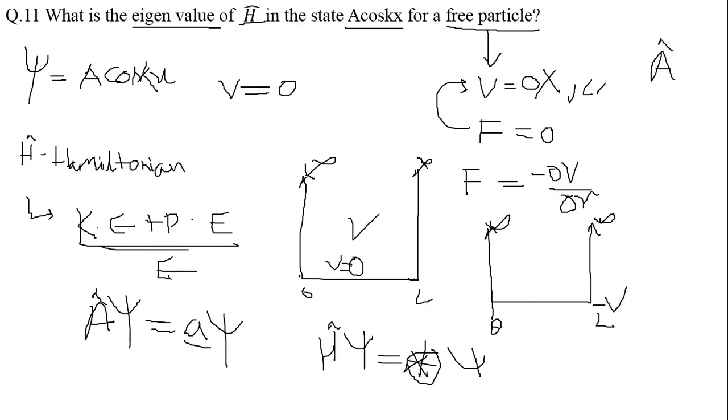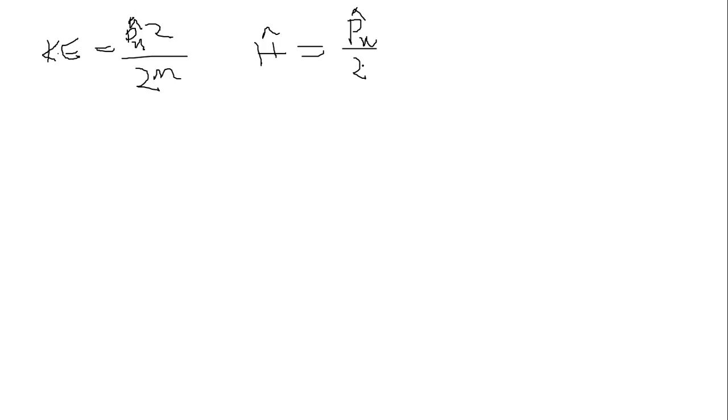How to calculate? We will operate the Hamiltonian operator H cap on psi. We know kinetic energy is p square by 2m in terms of momentum. So the kinetic energy operator will be px cap square by 2m, and if we take potential energy as 0, then the H operator will be only px cap square by 2m.